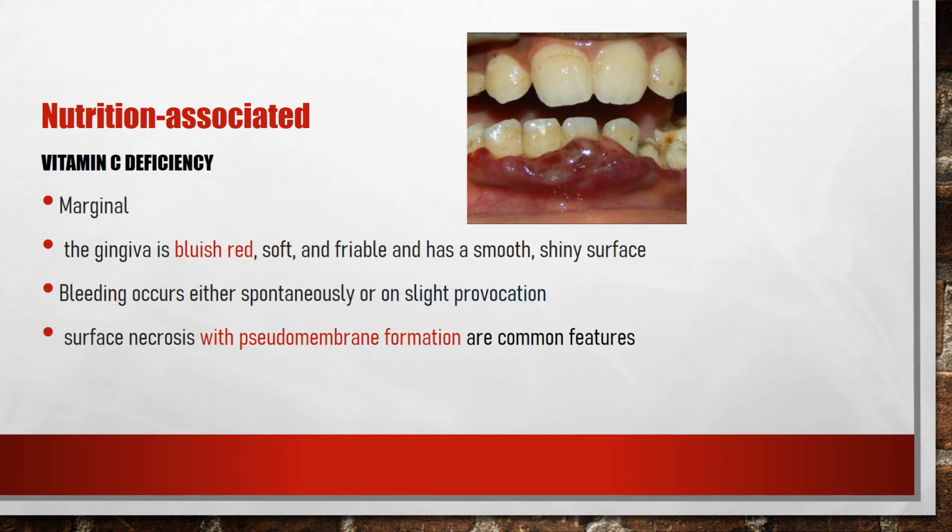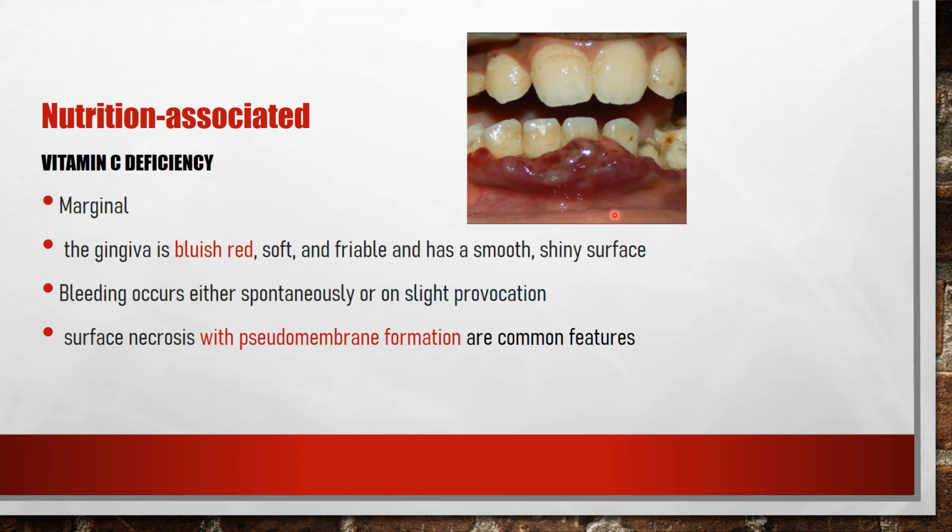Bleeding occurs either spontaneously or on slight provocation. Sometimes surface necrosis with pseudomembrane formation are common features. As you can see in this picture, it is associated with the marginal region, and you can see the bluish red soft friable region.